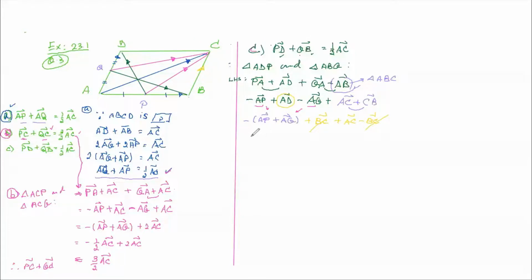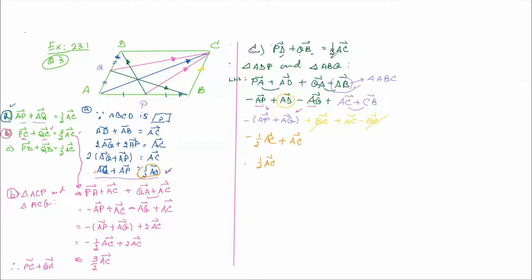Then what is left: negative the quantity AP plus AQ equals 1 over 2 AC. So you write down negative 1 over 2 vector AC, and then plus AC. Simplify and it becomes 1 over 2 AC.